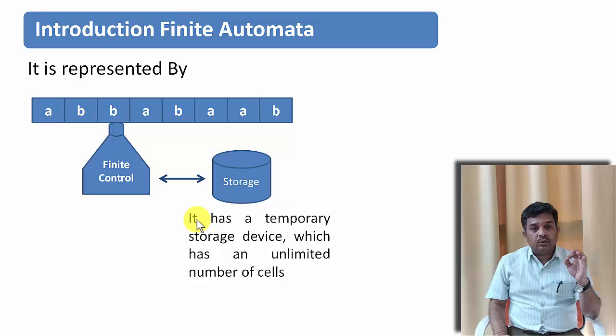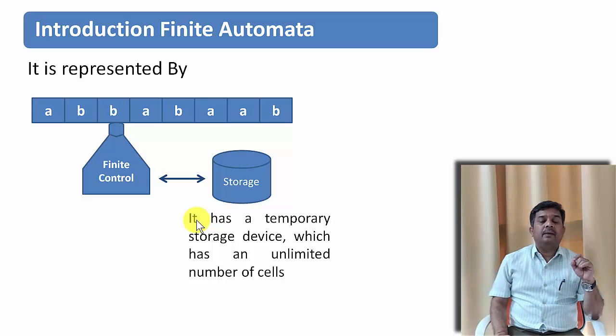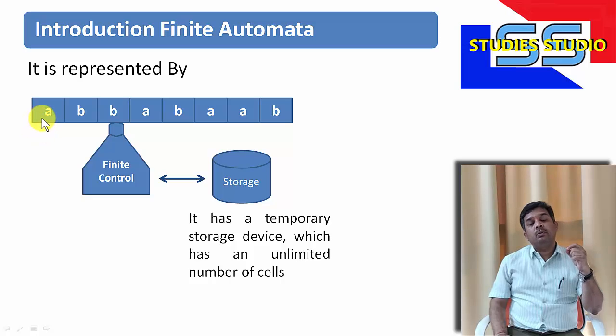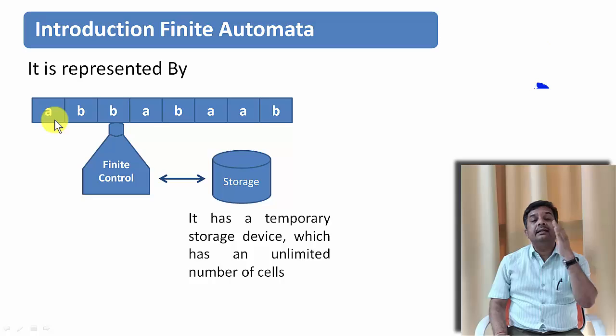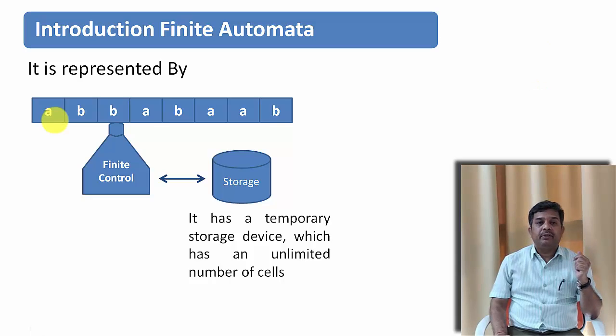It is a temporary storage which has an unlimited number of cells that it can keep. Basically we have a linear structure. We use a linear structure because we want to read the symbols one after another in sequence only. That's why we say the tape is of linear nature.